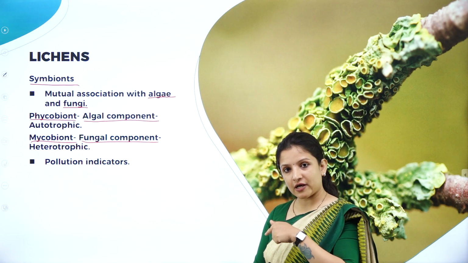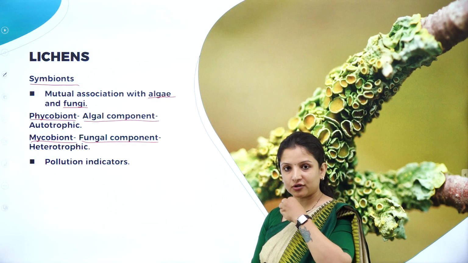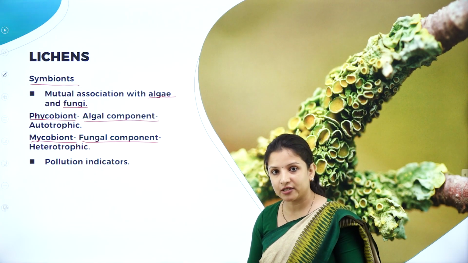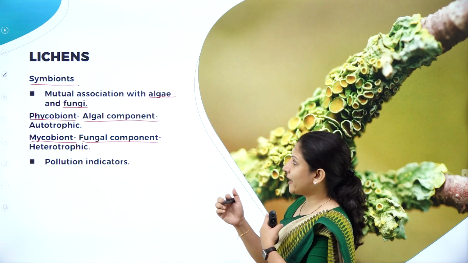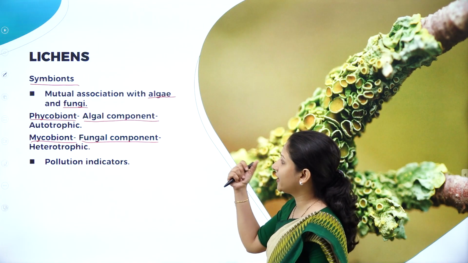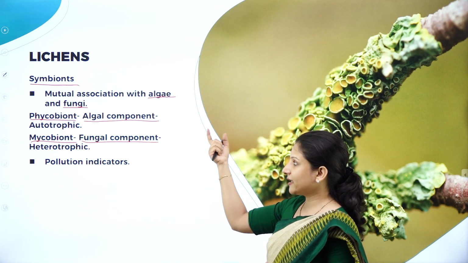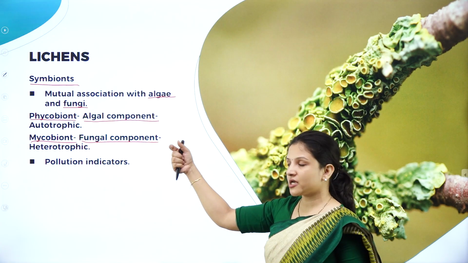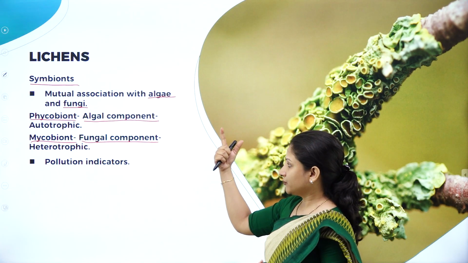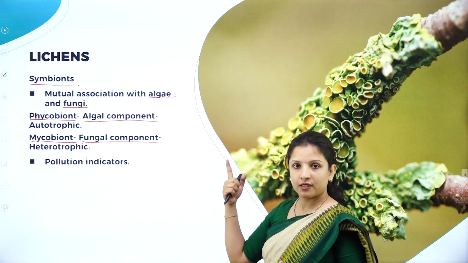Fungi in turn make use of that food given by algae, and in turn provide shelter to algae. So that is how lichen harbors or gives home to two organisms, algae and fungi. Algae is the phycobiont component of lichen, and fungi is the mycobiont component of lichen.